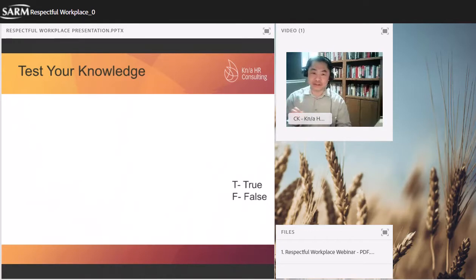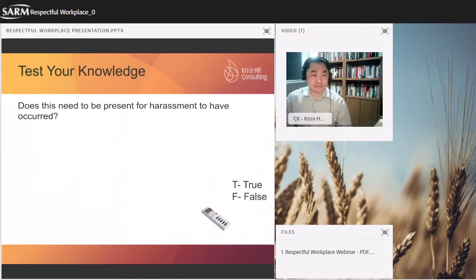So I'm going to have a series of statements here, and you tell me if you believe that harassment has occurred in these situations. The first one is improper or offensive conduct. What do you think? Do you think harassment has occurred in this case?